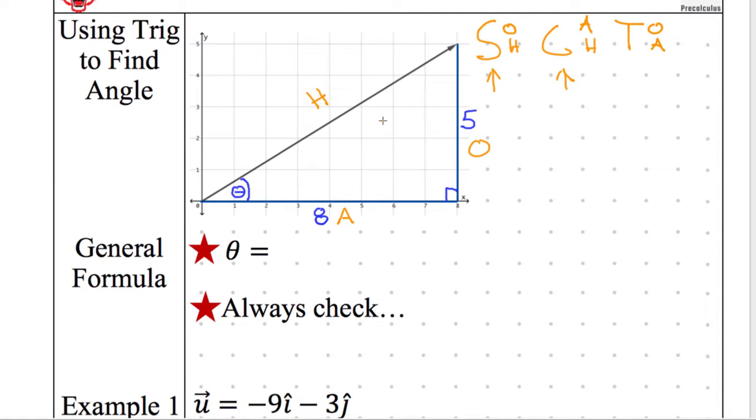I don't want to use the H. Which one am I going to use then? Tangent, yep. So I'm going to be using tangent. Let's set up our rule. Write this out with me. So tan of our theta, tan of our angle, is equal to what fraction? Is it 5 over 8 or 8 over 5? It is 5 over 8.